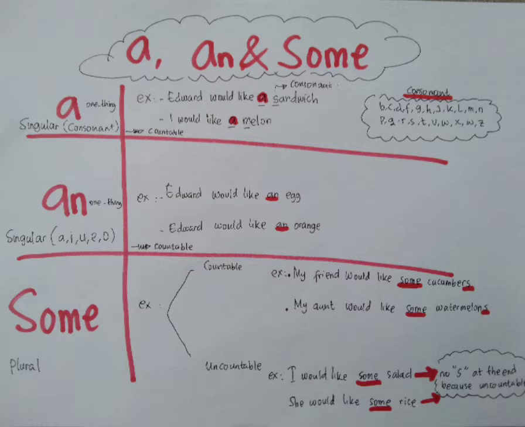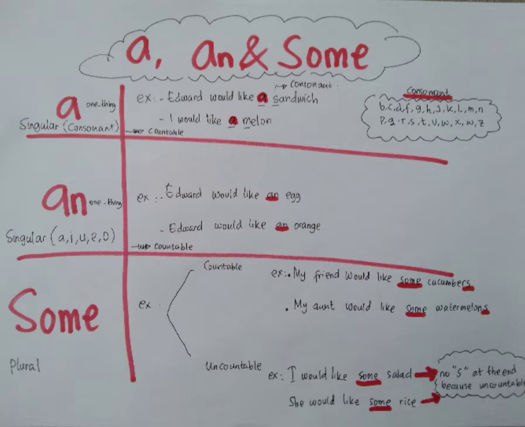And what are vowels? Vowels are A, I, U, O, and E. That's a vowel sound.